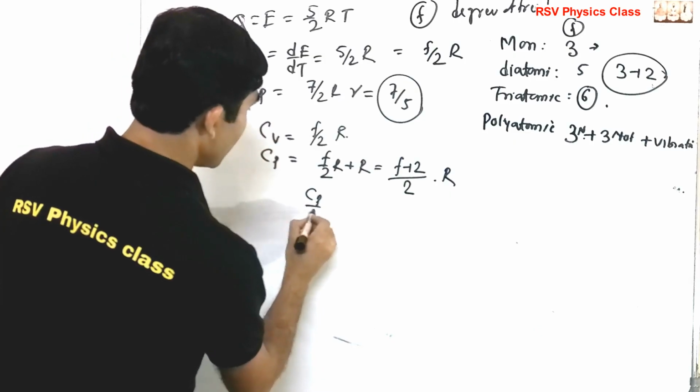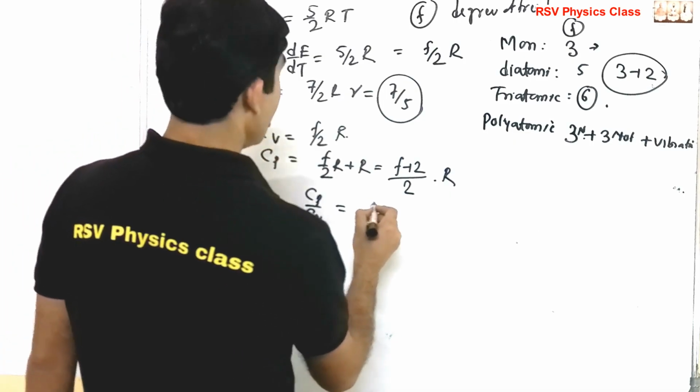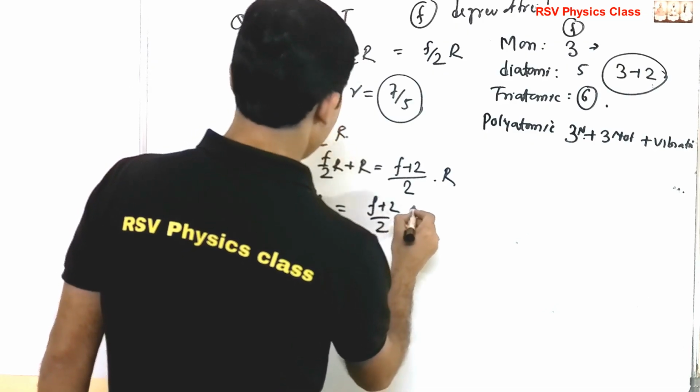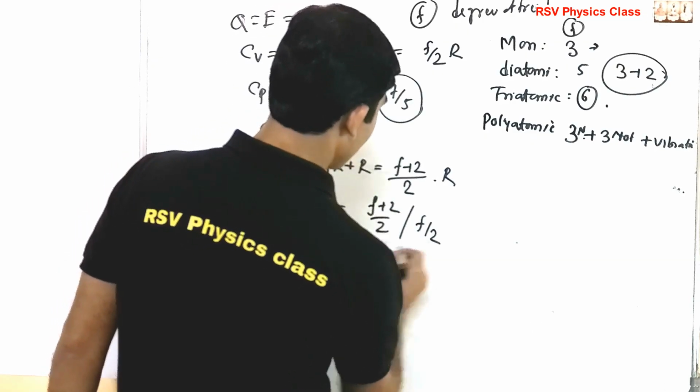So Cp by Cv equal to F plus 2 by 2 divided by F by 2.